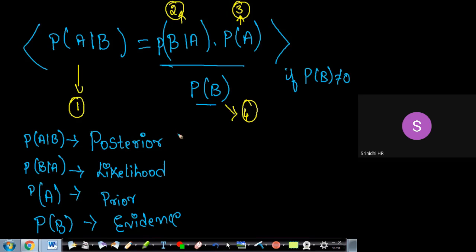You need to know these, because usually we get confused with all these 4 terms. The posterior is what I'm calculating, and to calculate it you need the likelihood, the prior, and the evidence. Please remember this concept.